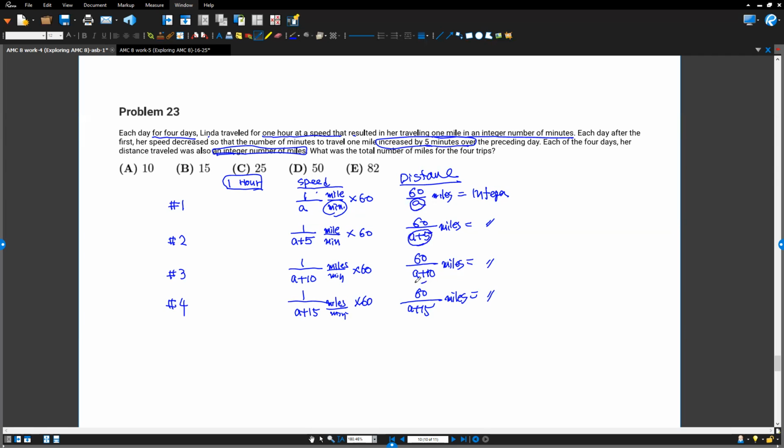To have integers, what are these numbers? They must be factors of 60. Excellent. It should be a divisor of 60.